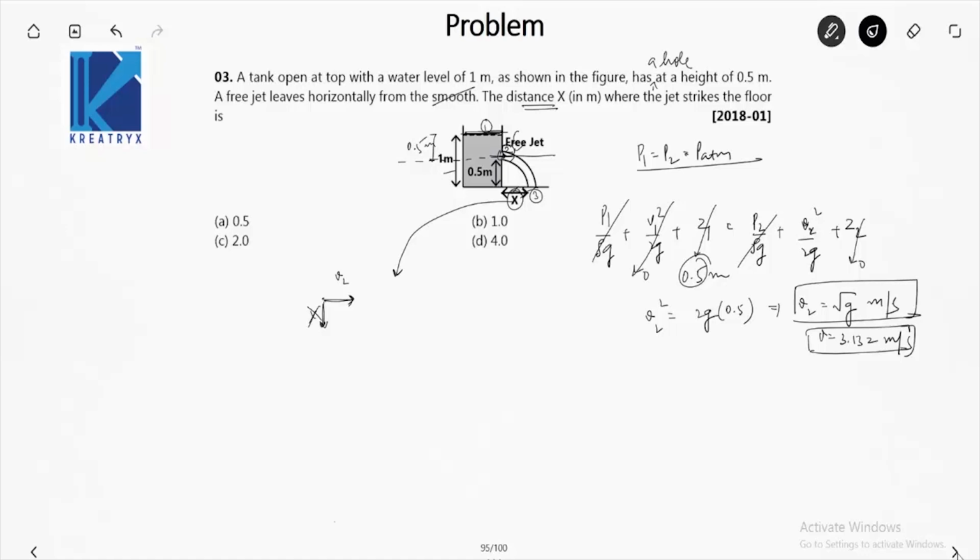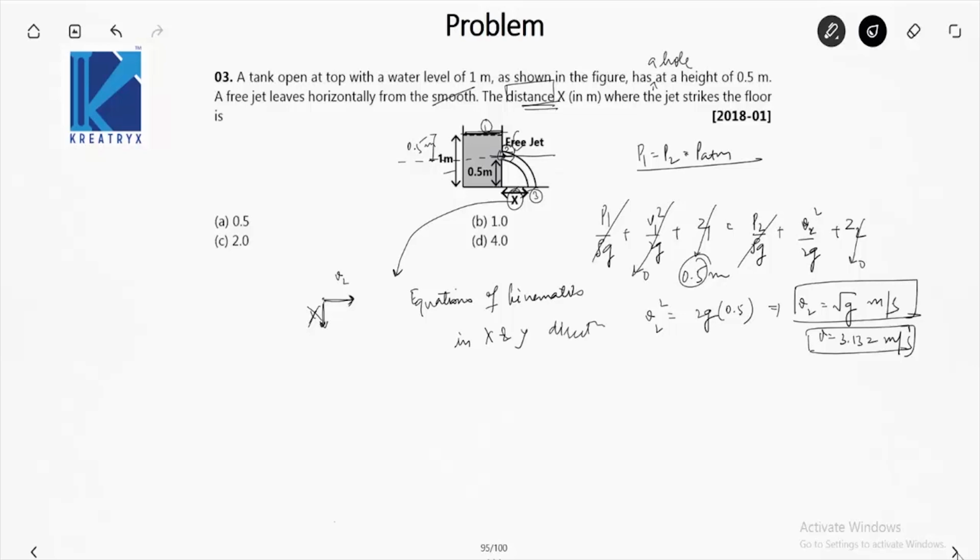So we can apply the equations of kinematics in the x and y directions respectively to get this distance x.